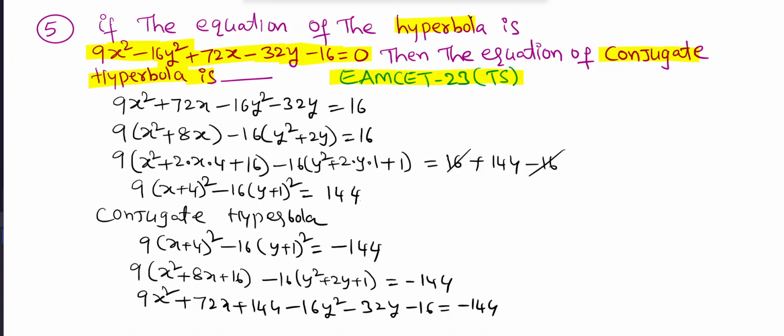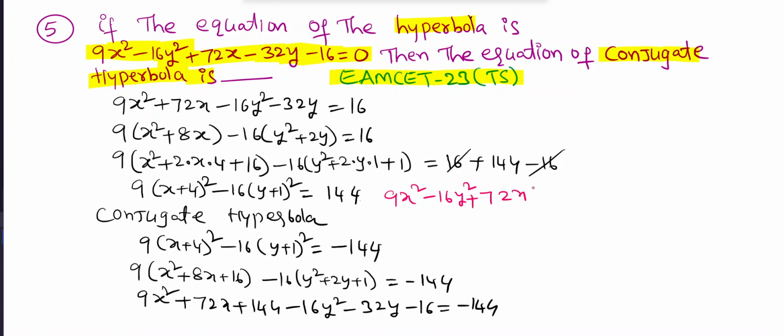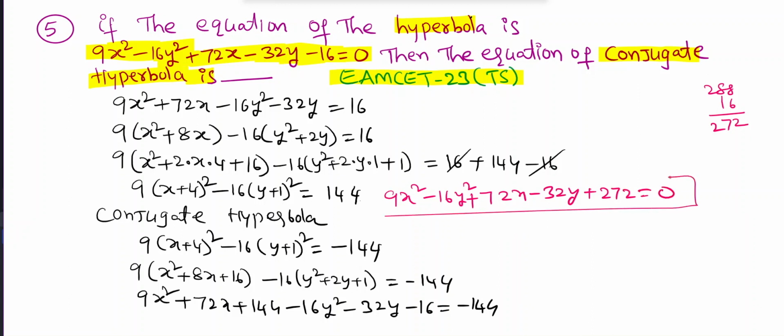Therefore, the equation of the conjugate hyperbola is 9x square minus 16y square plus 72x minus 32y. Here 144 plus 144 is 288, minus 16, that is 272. So plus 272 is equal to 0. This is the equation of the conjugate hyperbola.